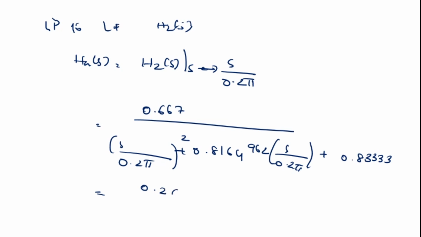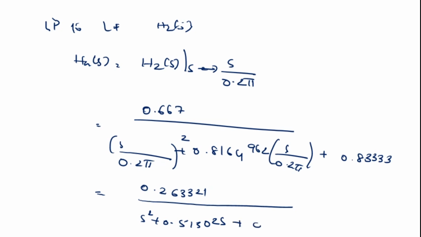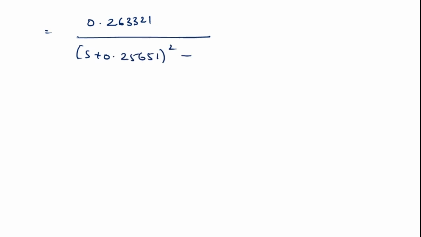which is equal to 0.263321 divided by s square plus 0.51302 s plus 0.32899, which is equal to 0.263321 divided by (s plus 0.25651) whole square plus 0.51302 whole square.